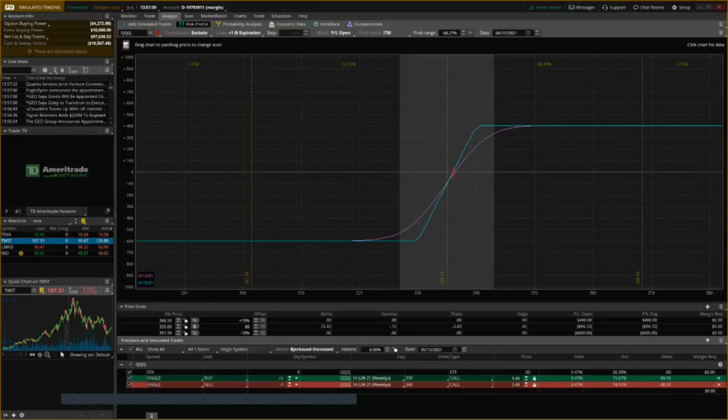Now, I want to show you, this is if you go bullish. Another way to make this kind of strategy, if you're thinking you're going to go long, is to do it with the puts. Okay, so let's see how it works the other way. Just a minute.